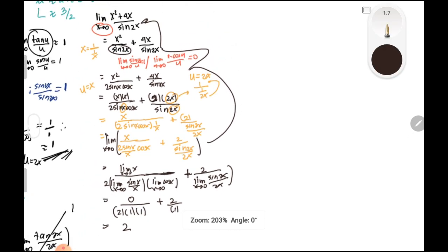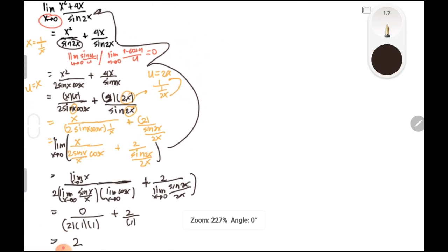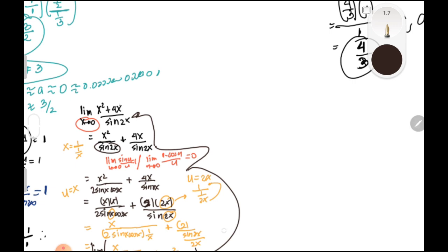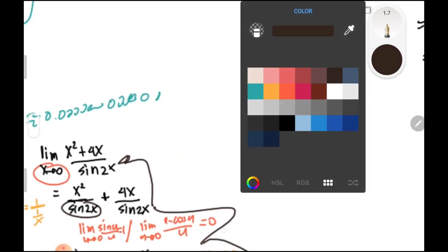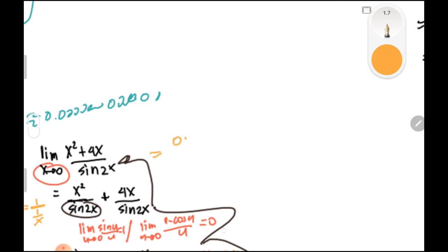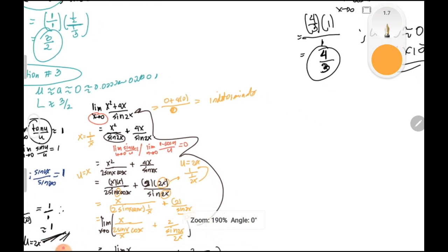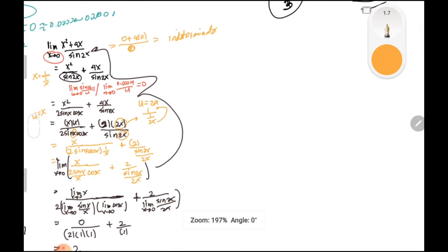So take note guys that if you would substitute 0 into our equation, you can see that it is equal to 0 plus 4 multiplied by 0 divided by sine 0 is equal to 0, so therefore it is indeterminate. Alright, so that's the reason why we evaluate our equation, because of the indeterminate form, which can be expanded or reduced to its simplest form.